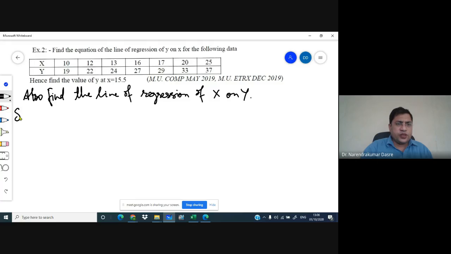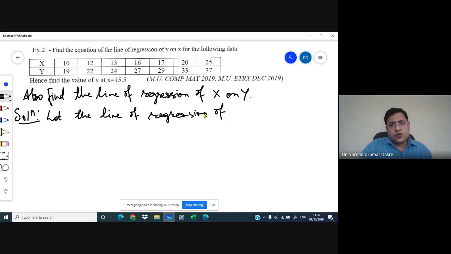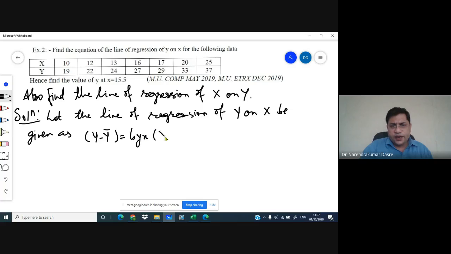So what will be the solution for this? The line of regression of y on x is given as y minus y bar is equal to byx into x minus x bar.